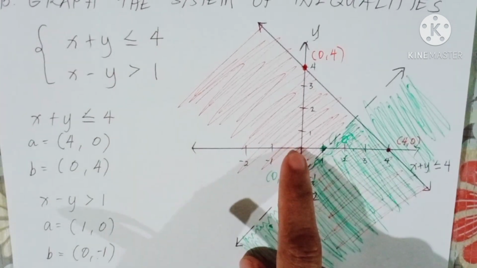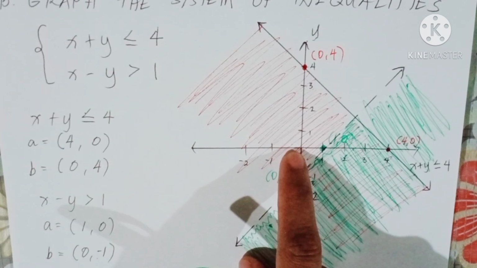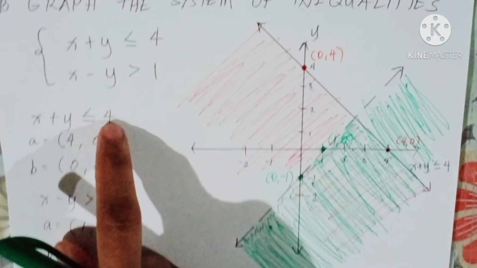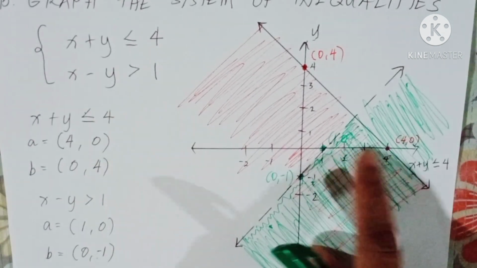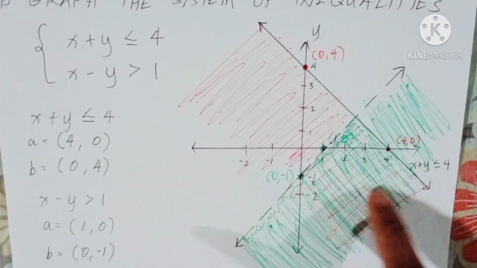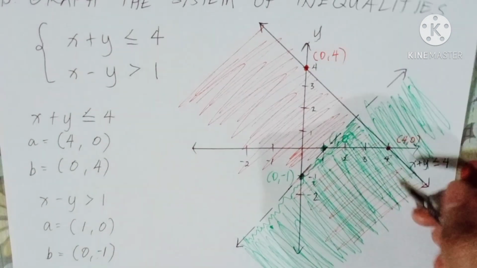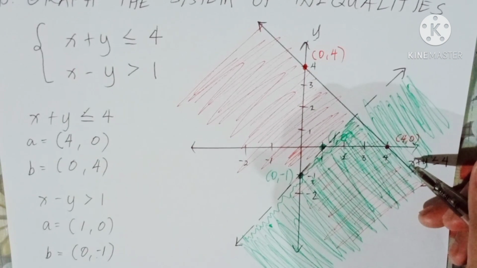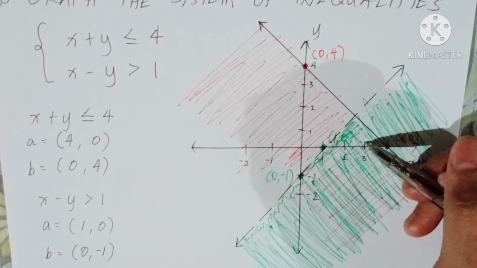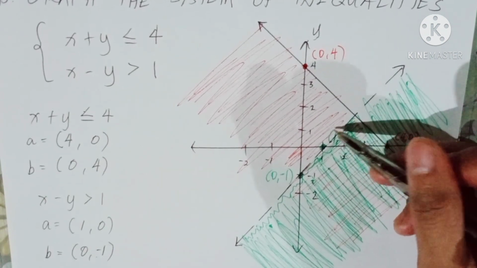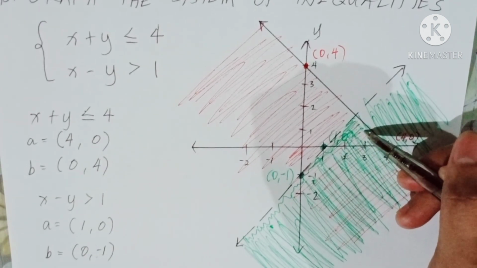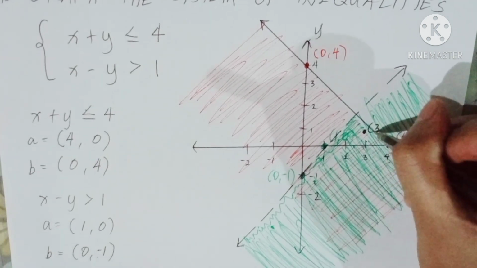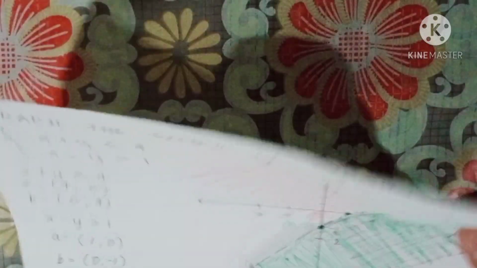So we all know that 0, 0 is true in x plus y less than or equal to 4. So we check any point here as a test point. We can use 3, 1 because it's still here. So let's try 3, 1.